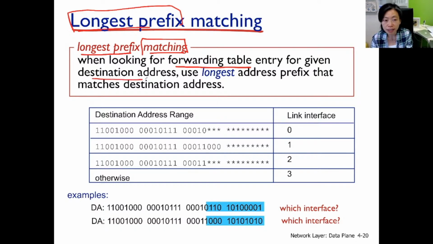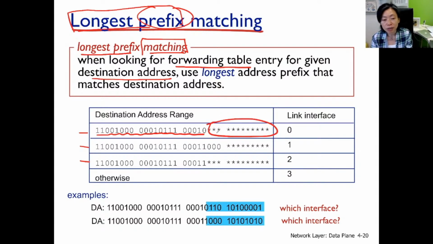Given the destination address, we take this address and match the entries here. This time we don't have one entry per IP address; it's an aggregated entry, the prefix. What you're seeing here is that we only specify the first part of the IP address and leave the rest general.